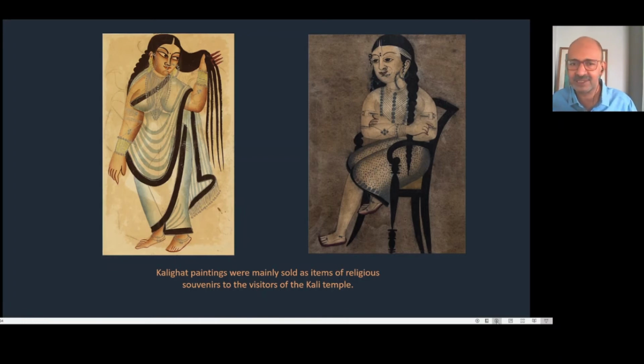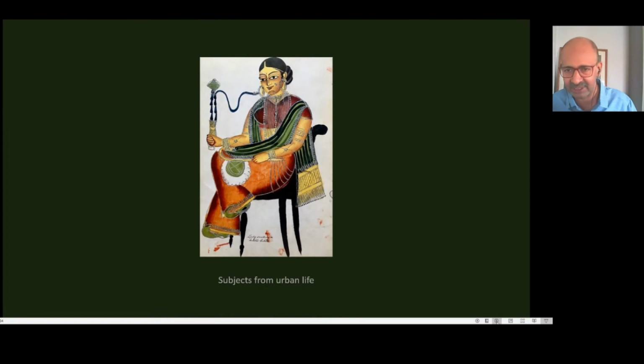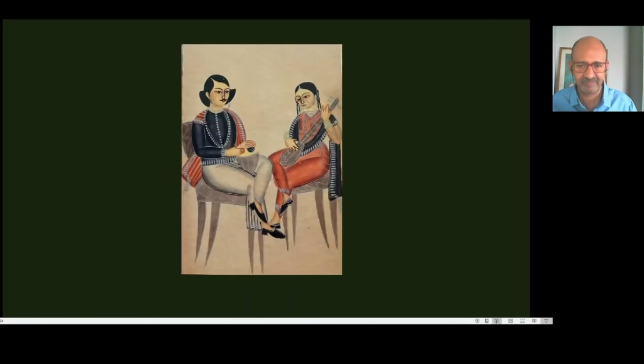Then there is this famous tonal wash in Kalighat paintings alongside the contour line, and we are also not missing out on the subject matters which have never appeared in this way in Indian art history before.